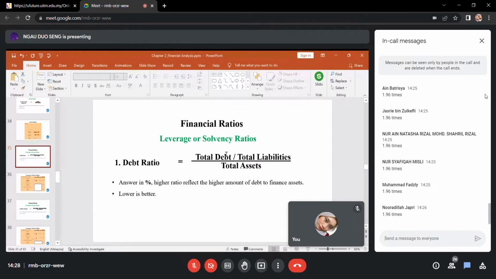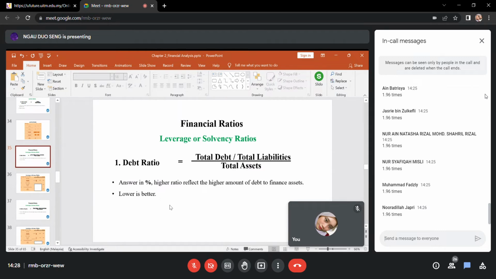Both are in the balance sheet. The answer is in percentage. A higher ratio reflects a higher amount of debt to finance assets. After you divide, multiply by 100 to convert into percentage. Lower is better, meaning you are using less debt to finance your asset.